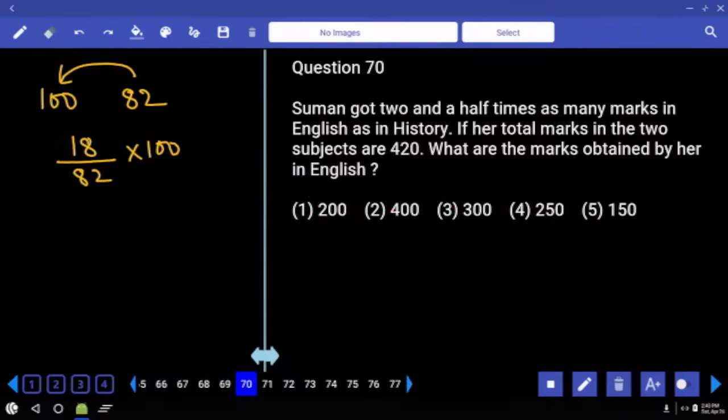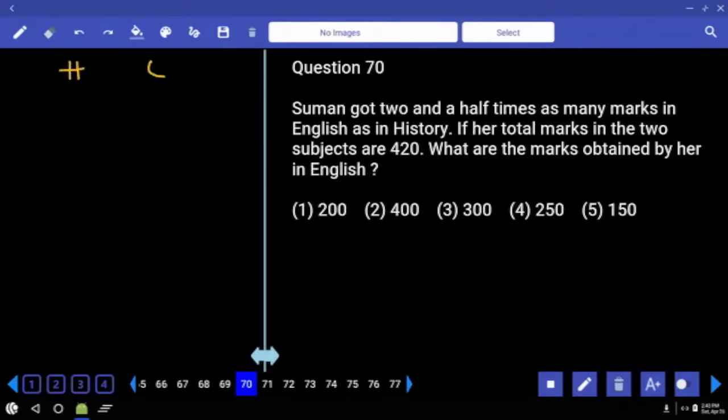Suman got 2.5 times as many marks in English as in history. History, English. How many times? 2.5 times, correct? 2.5 times, which can be written as 5 by 2. What is the denominator?